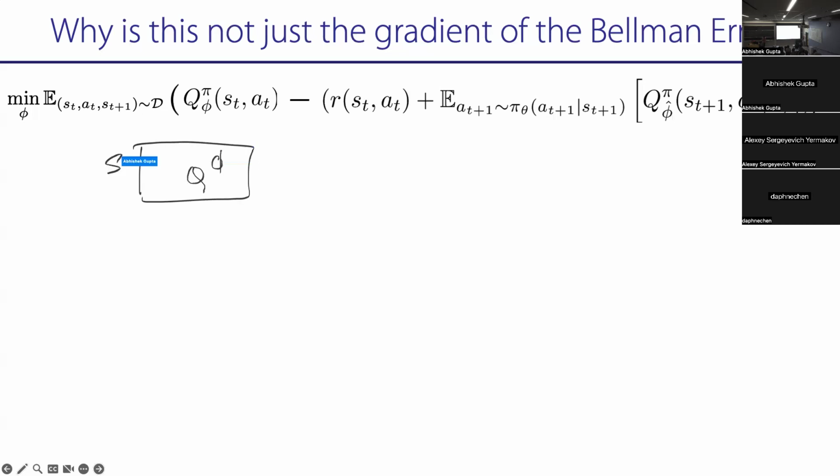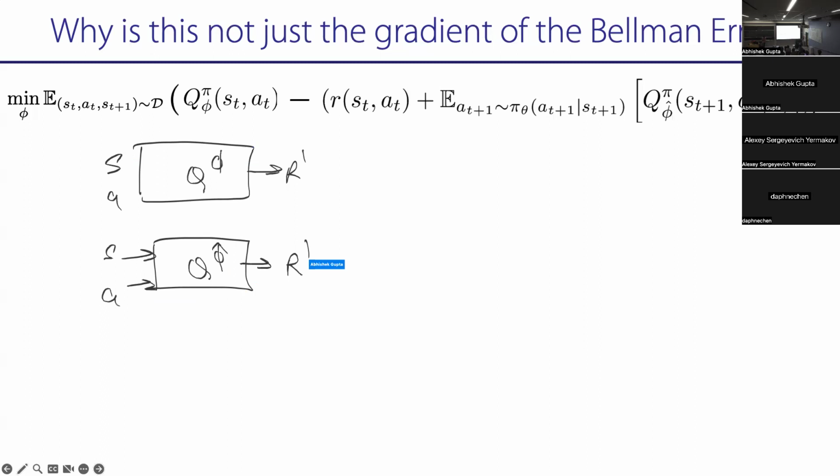Now you're going to have another Q function, which we'll call a target network, which I'll describe in a second, that also takes in S and A and gives you a scalar. This is phi, this is phi hat. And then you're going to have a policy whose parameters are theta, which takes an S and gives you a distribution over actions. That is your policy, as in policy gradient.